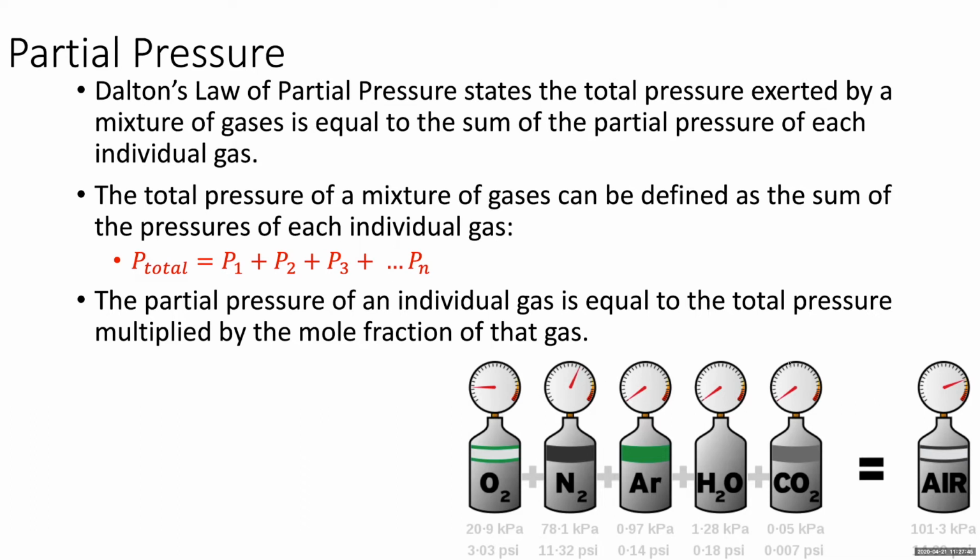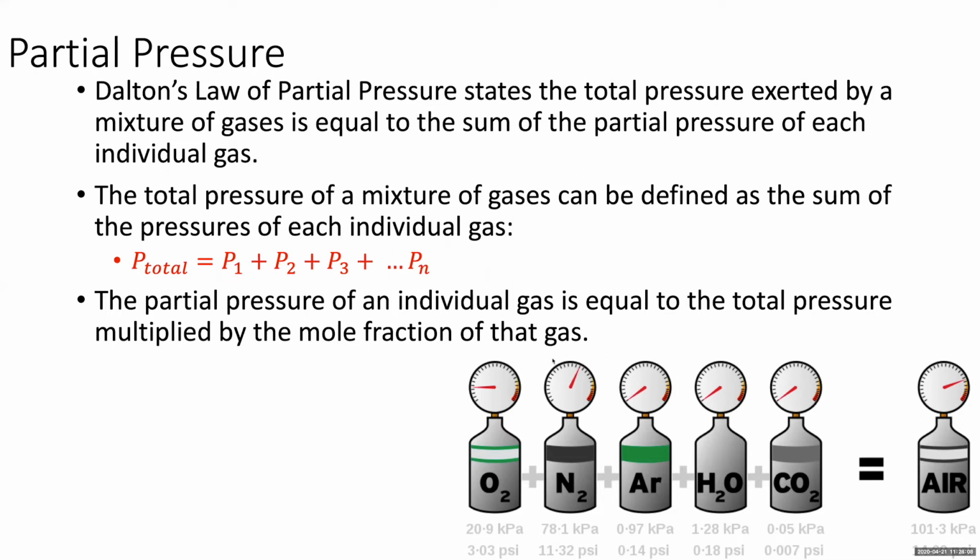Each of these gases are going to be in different amounts, and they will each exert a different amount of pressure. Real quick, guys, let's recap what pressure is. Pressure is the amount of force or the number of collisions of gas particles. So the more collisions you have, the greater pressure that gas can exert.